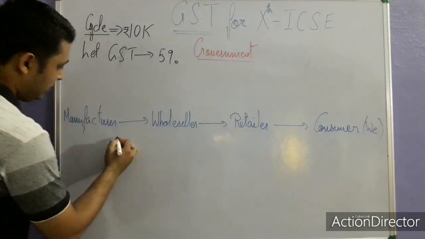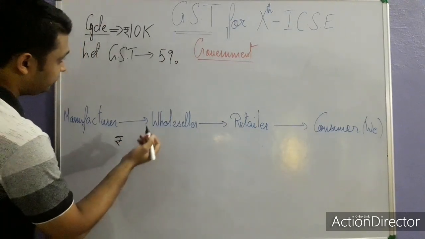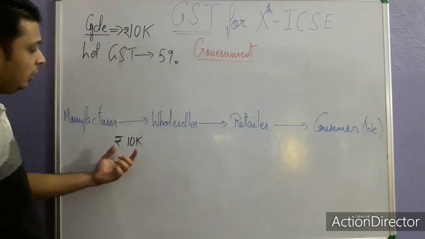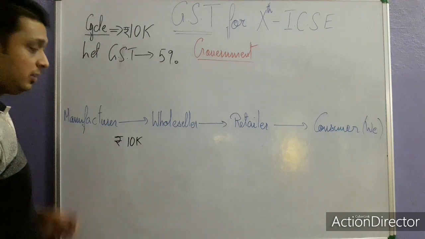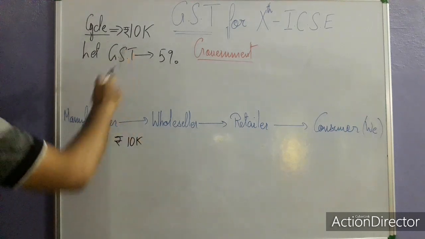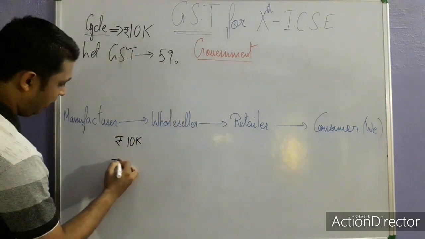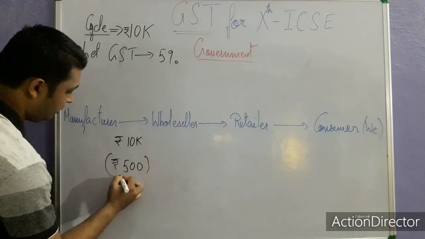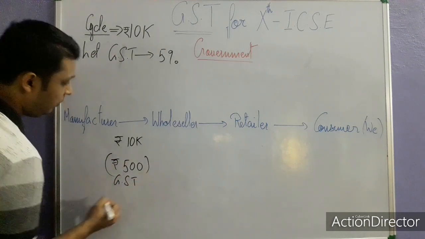Clear? So let us see what was happening. In the last video you all know that 10,000 was the price of the cycle, and when 5% GST was applied, the amount for GST came out to be rupees 500. So this was the GST amount.